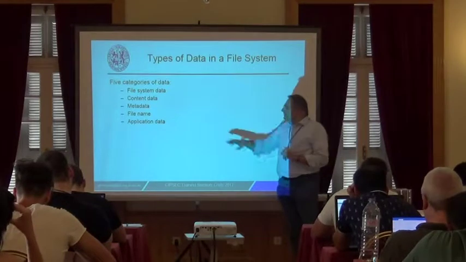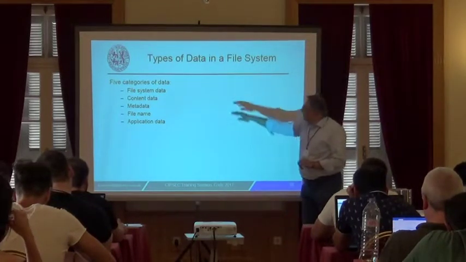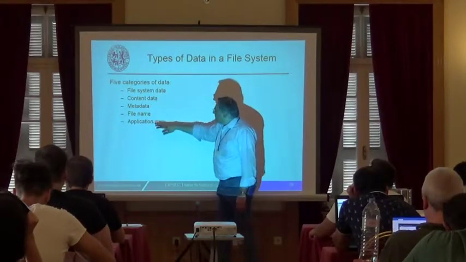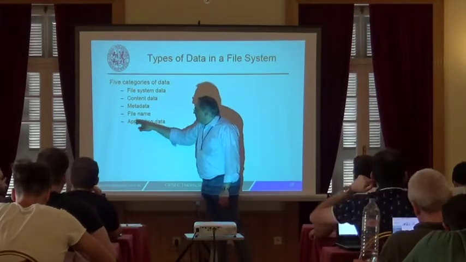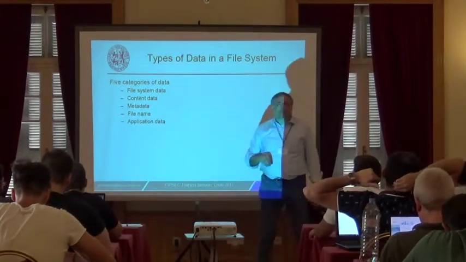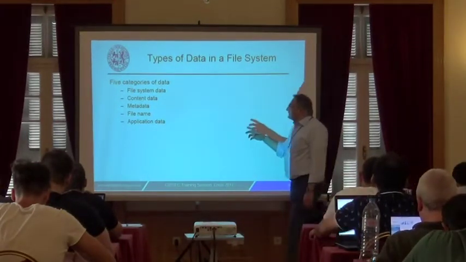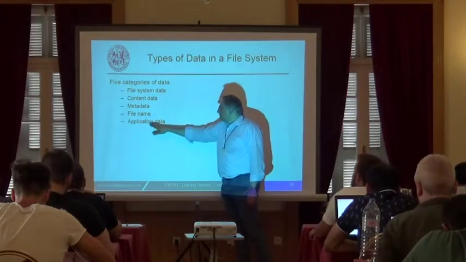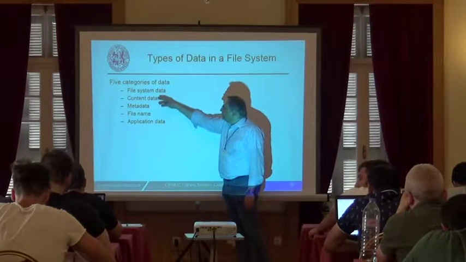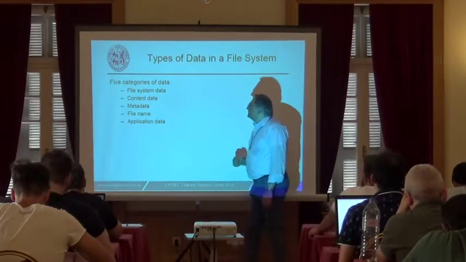That's the stuff that the user can decide on, and from that point on, it's the operating system that deals with the rest. So the user gets to name the bag where his or her data is stored, and that can provide us with a lot of information as to what is inside the file. And then we have metadata, content data, and file system data.